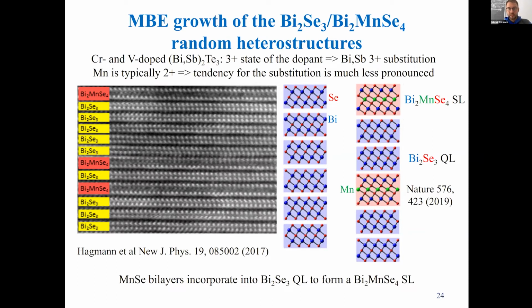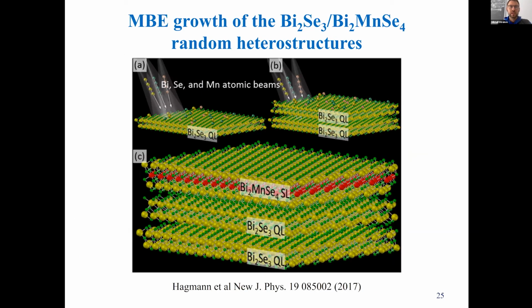Although there is substitution, it is largely suppressed, and therefore the model of this epitaxial film growth was proposed like this. First, you start throwing three components simultaneously, but manganese stays at the surface of the growing bismuth selenide film until its amount is enough to form a complete septuple layer, or almost complete one.